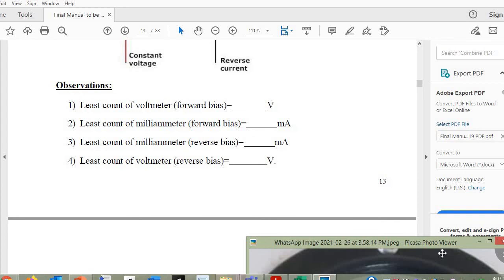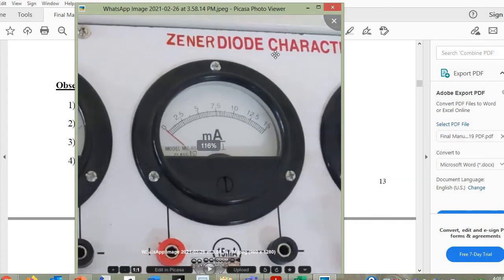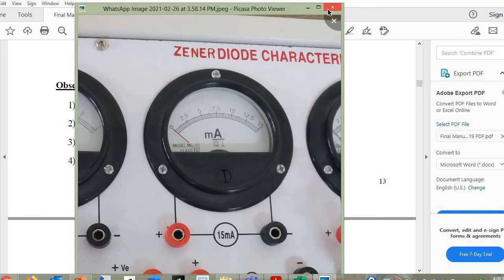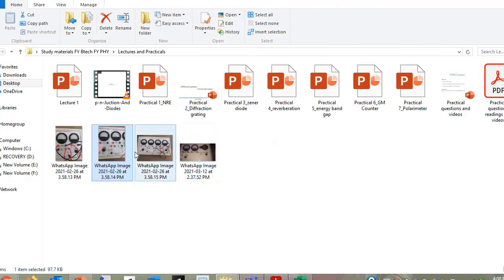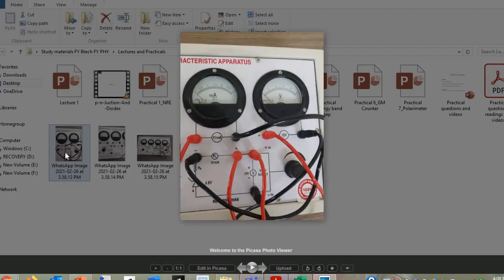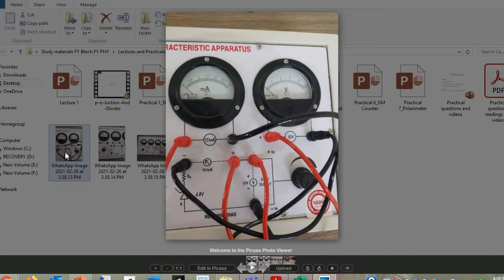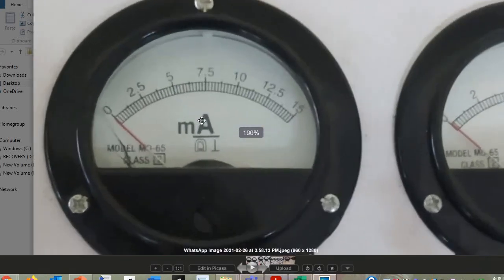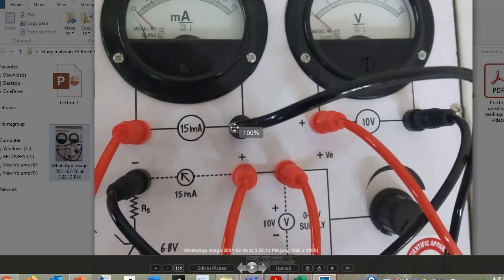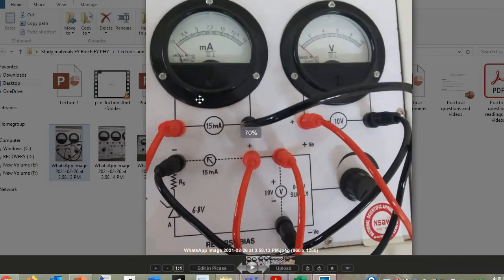Okay, so like this we are going to do for the reverse bias characteristics related meters. Just a second. Okay, this is the milliammeter that is used for the reverse bias.